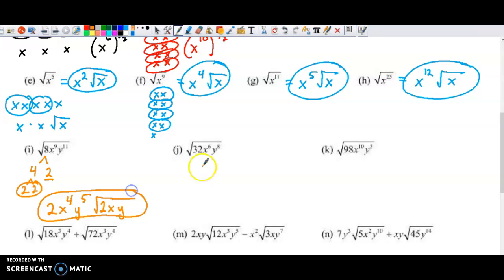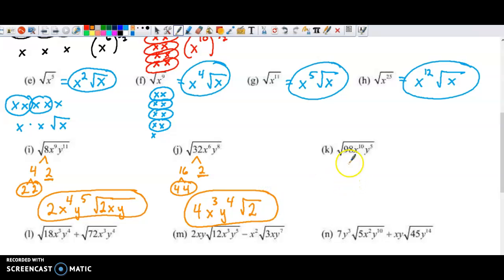So again, I'm probably going to go through those pretty quickly. If I were to break down 32 as 16 and 2, 4 and 4, once you find a pair, that's good. And if you follow the rules, you have x cubed, y to the 4th, and then there's a square root of 2. Don't forget about those. And just go back to them.